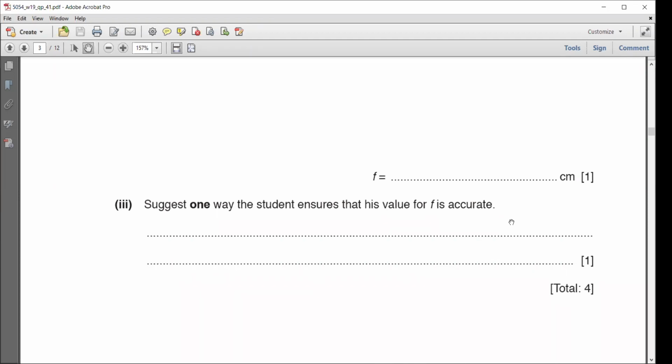Both must be at the same level. Another thing you can add is that you are getting several readings for U and V, and you take the average.